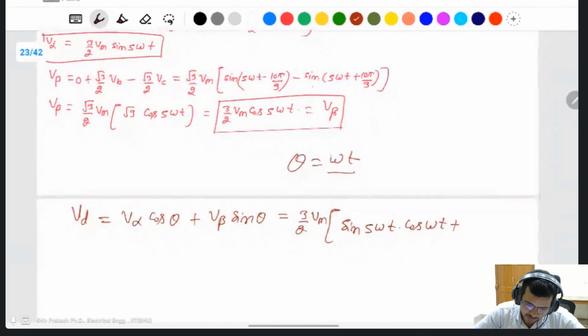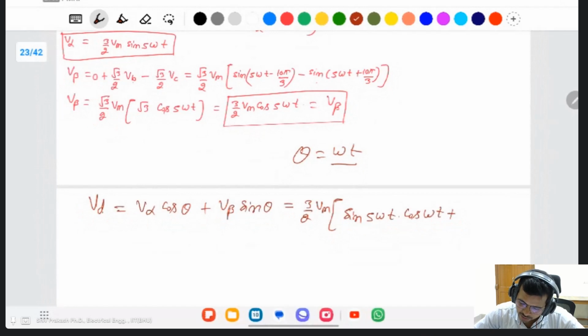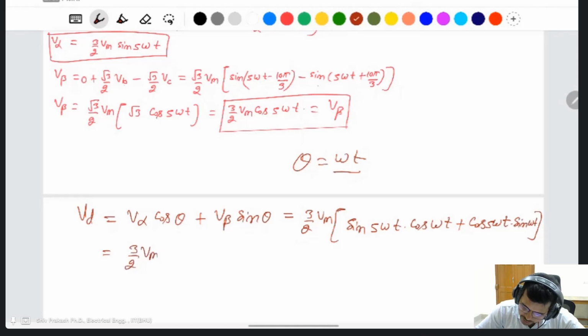Plus V beta. V beta is cos 5 omega t, into sin theta. Sin theta is sin omega t. This value is 3 by 2 Vm.